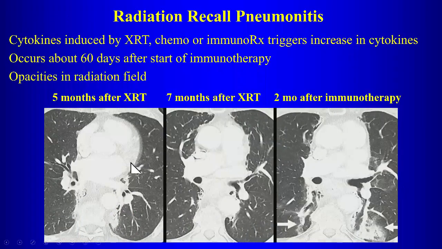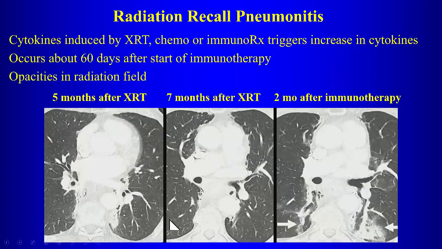Okay? So another interesting phenomenon you can get is what's called radiation recall pneumonitis. The theory behind this is that radiation therapy itself induces formation of cytokines. After the radiation therapy has been completed, if the patient receives chemotherapy or immunotherapy, that triggers an increase in those cytokines where the patient has had the radiation therapy.